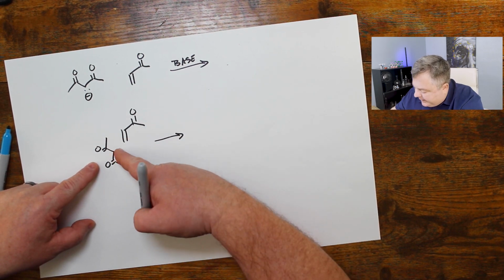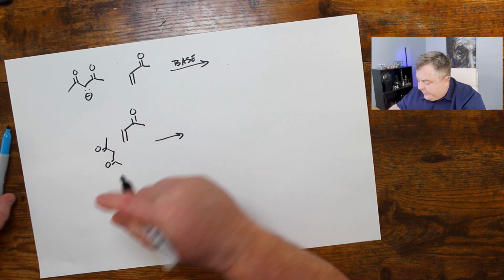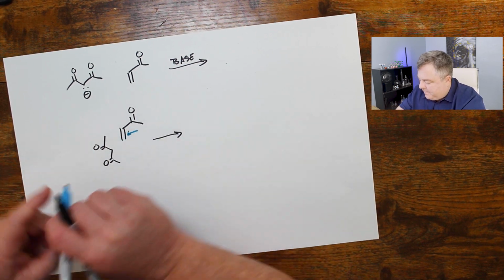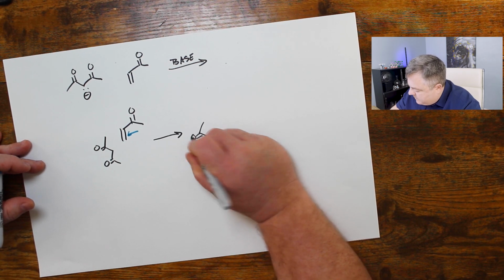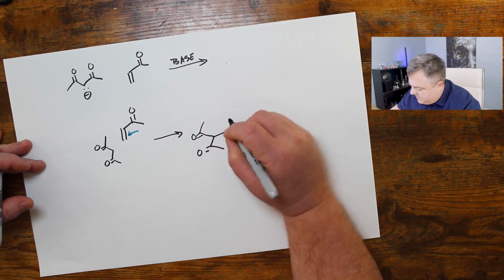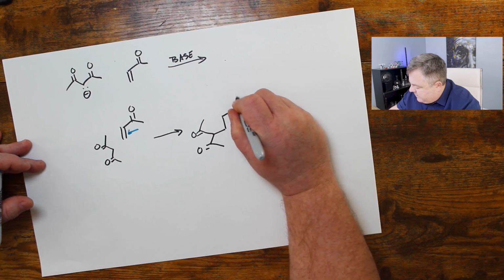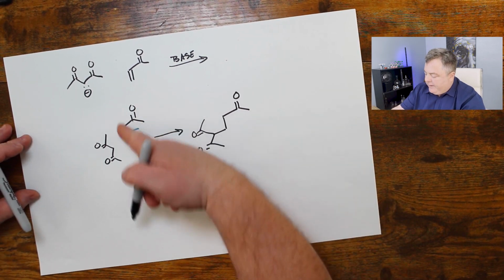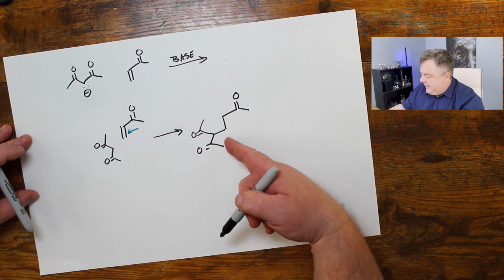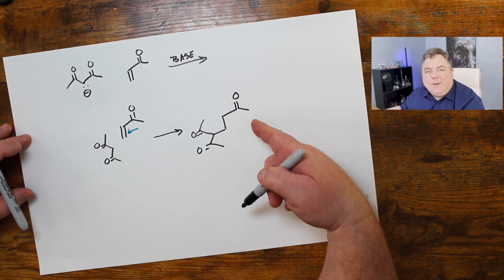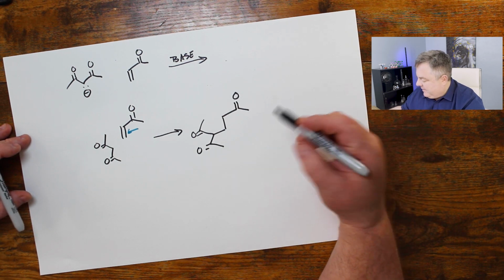Then you connect here and turn this into a single bond. Everything else is the same. This spot becomes a single bond and you attach it to the enolate. That's the final product for the Michael addition.